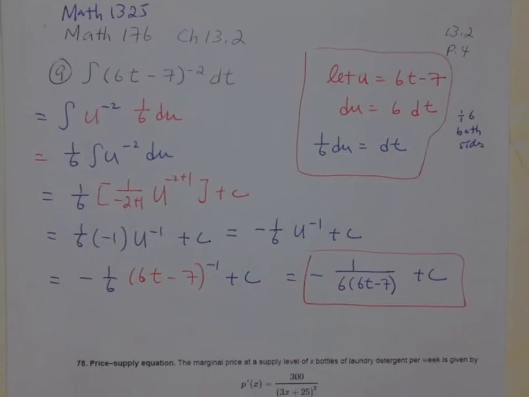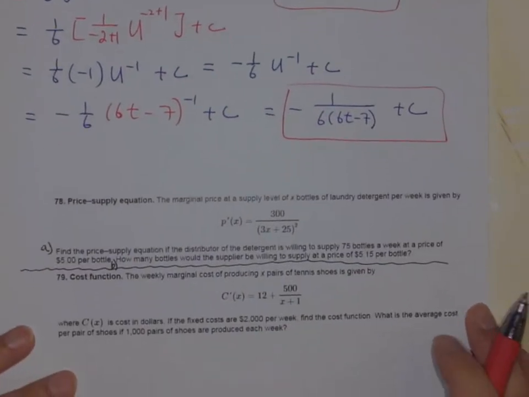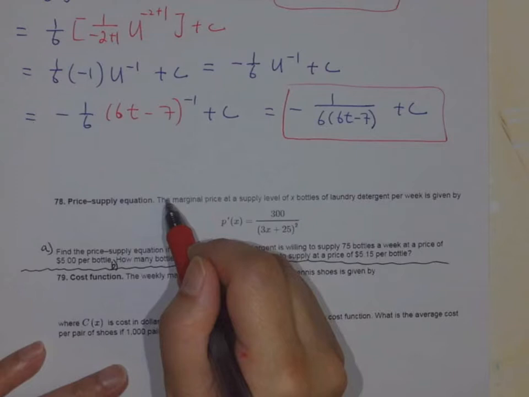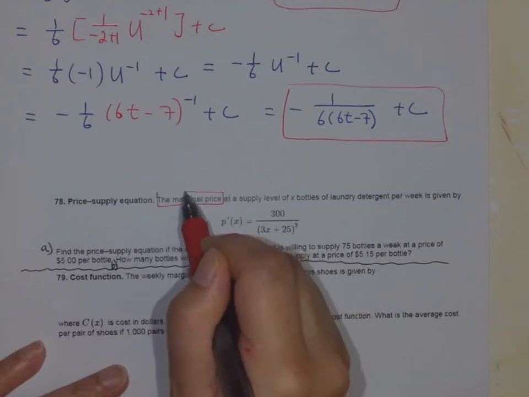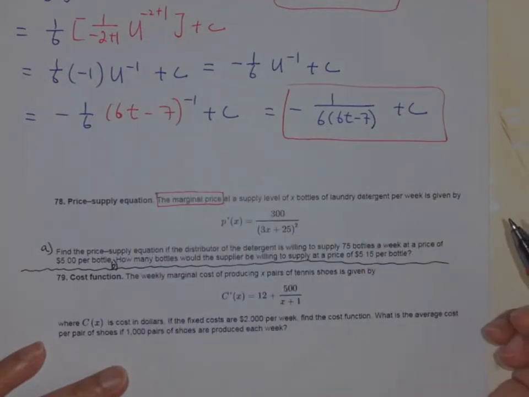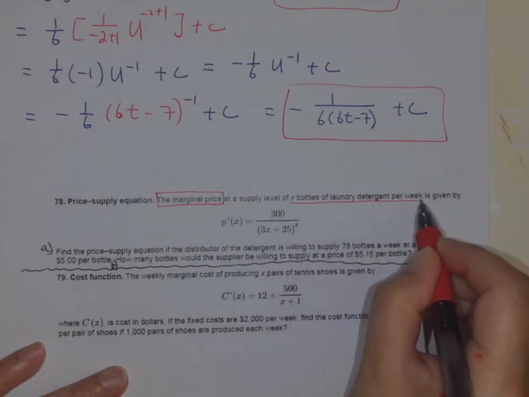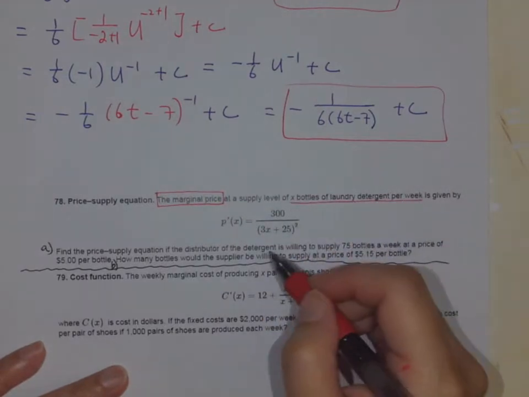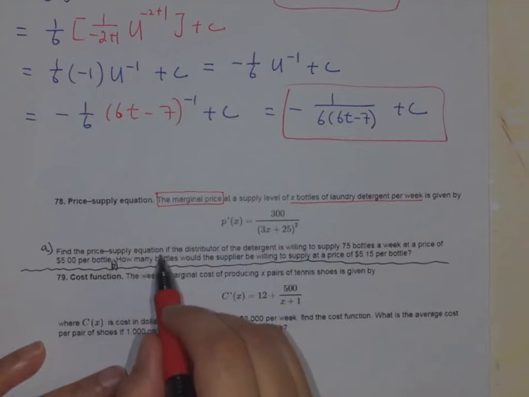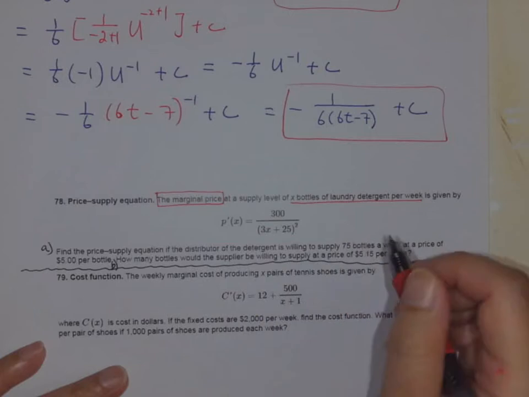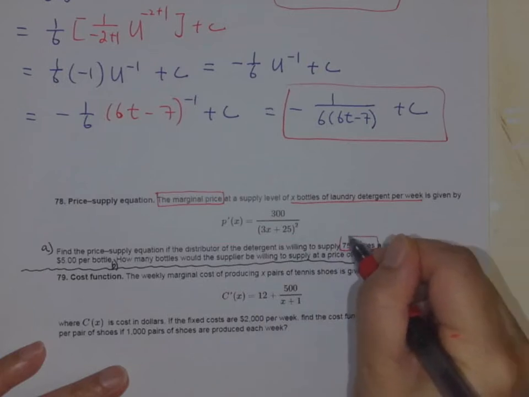Okay, we have two word problems at the bottom. First one, it has price supply equations. The marginal price, so this is already taken derivative, right? Marginal price at a supply level of x bottles of laundry detergent per week is given by this function. Find the price supply equation if the distributor of the detergent is willing to supply 75 bottles a week.